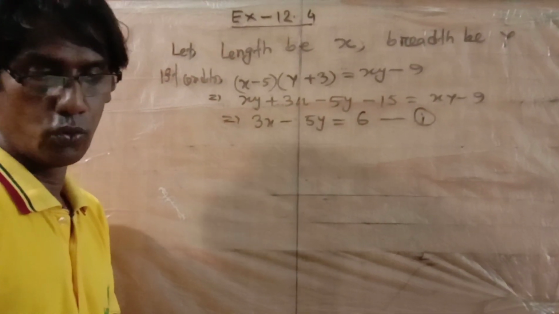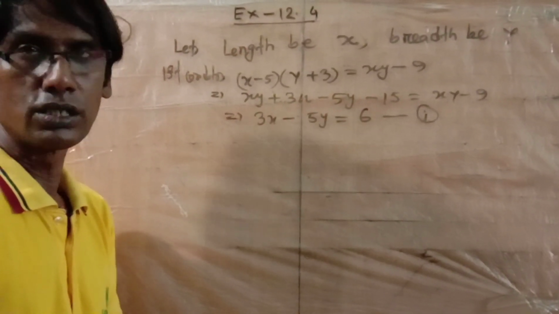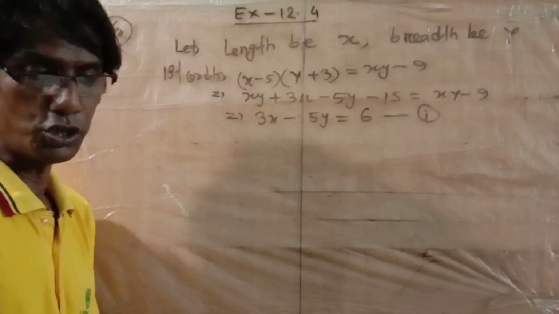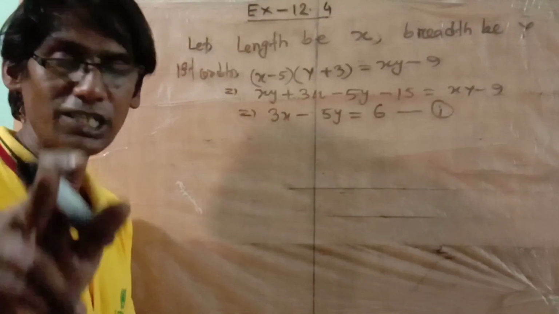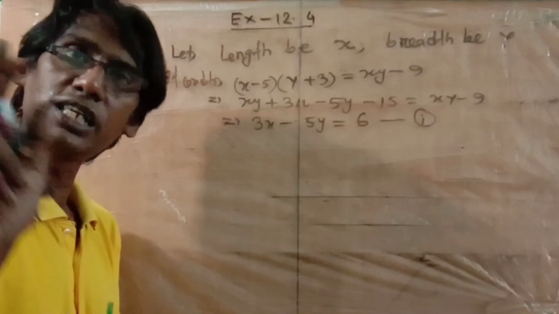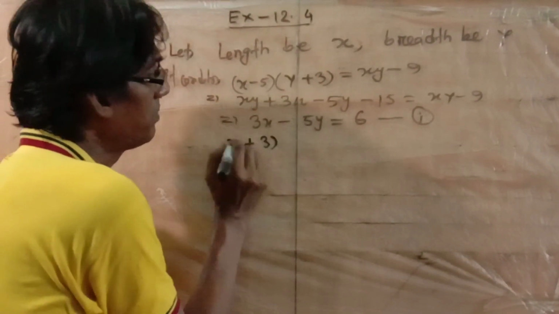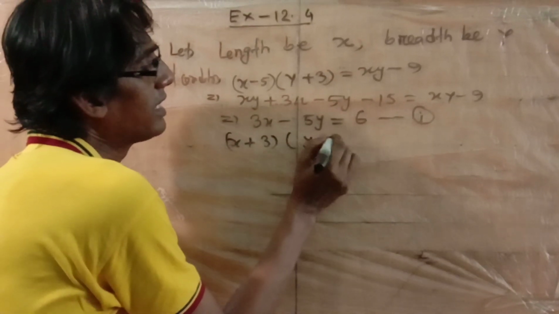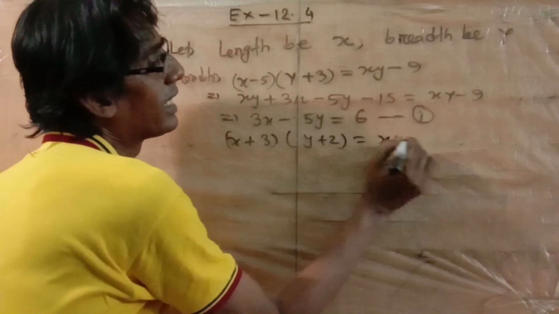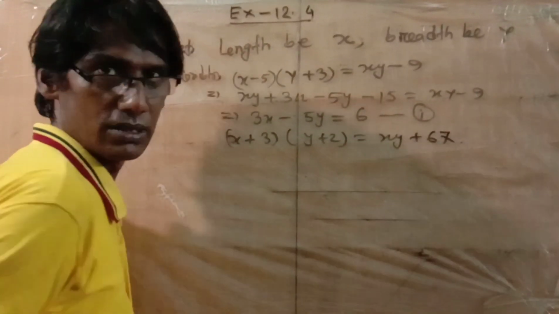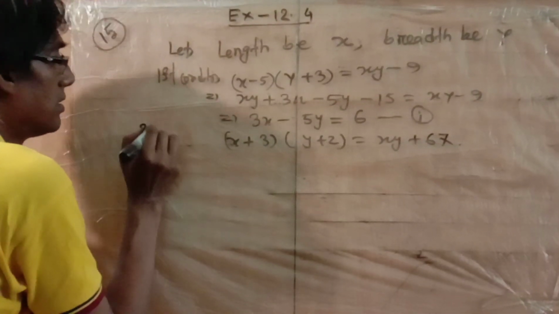Now we'll solve according to the second condition. If length is increased by 3 meter and breadth is increased by 2 meter, then the area will be increased by 67.